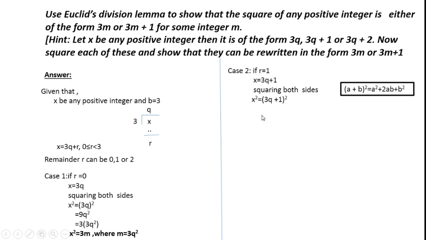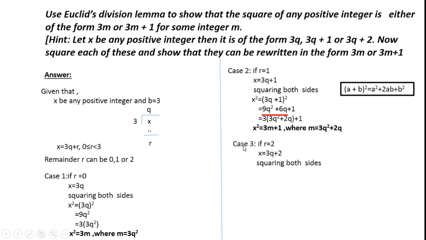By using this, we can expand. 3q whole square is 9q square, plus, see here, 2ab: 2 into 3q into 1 is 6q, plus 1 square is 1. From these two terms, we can take 3 as the common factor. Now we can write 3 into 3q square plus 2q, plus this 1. Consider this 3q square plus 2q as m. Now we can write x square equals 3m plus 1.